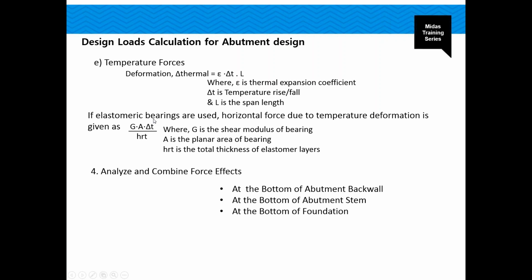And then this deformation is used further to calculate the force on the bearing as per the bearing properties. So you can see here the shear modulus. In case of an elastomeric bearing, shear modulus is used, and the planar area.